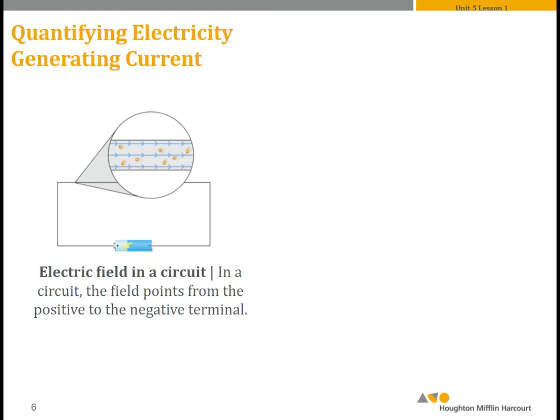So in a circuit, if you put a positive charge in the circuit, it's going to move from the positive terminal of the battery to the negative terminal of the battery. And this should make sense if you compare this to the idea that like charges repel and opposite charges attract.